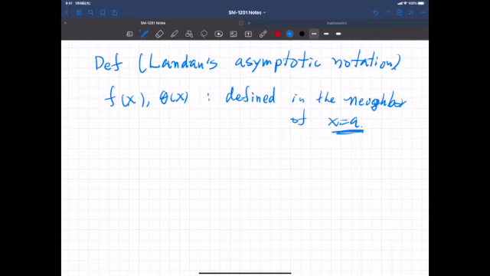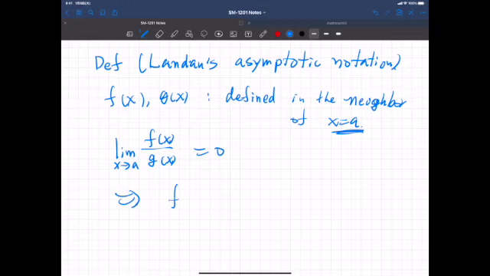Okay. Then if we have this limit of f over g, if this limit is 0, then we write f of x is little o of g of x as x approaches a.